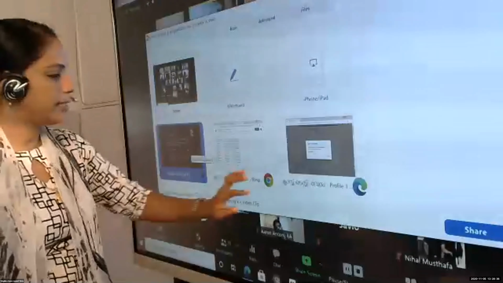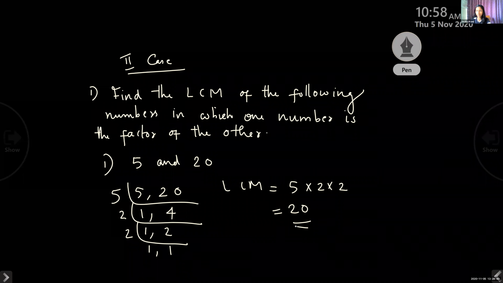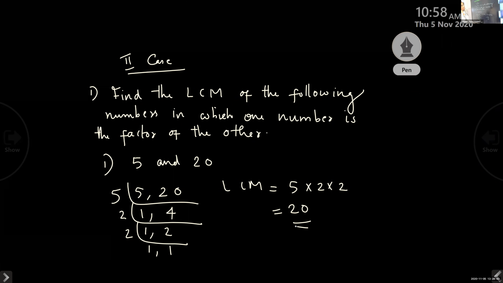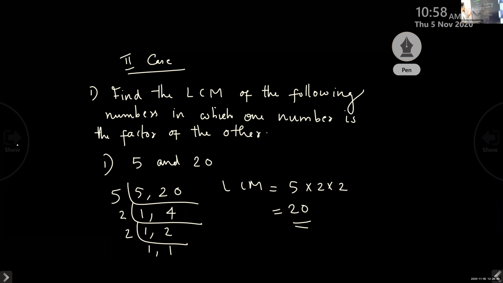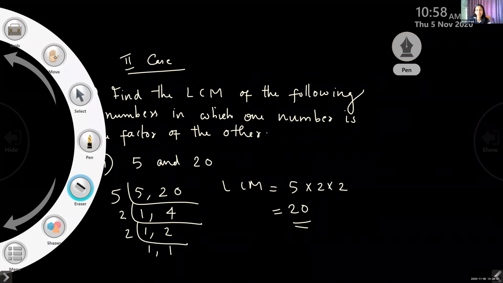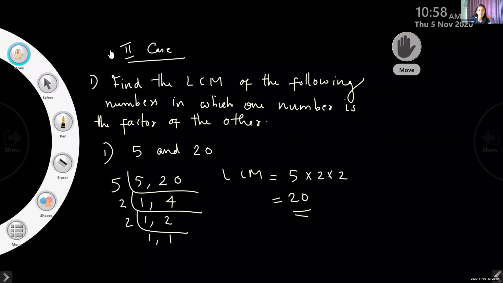Ma'am, if we got two numbers which are in the same table, we will get the LCM as the greater number. Greater number, good. And I checked it with 2 and 4. Okay, children. So, this is our first question.